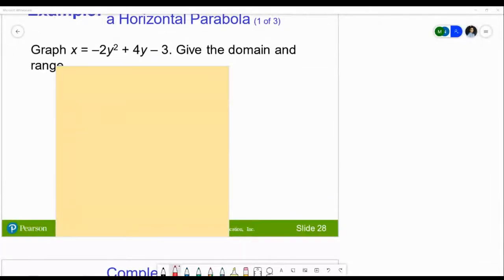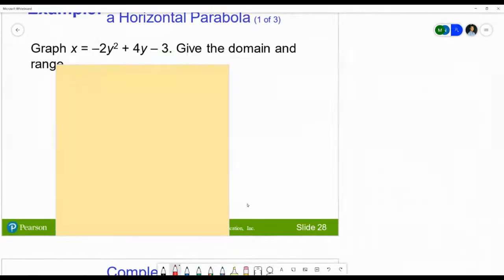Mai, you there? Yes. Can you show the work for completing the square? Okay.